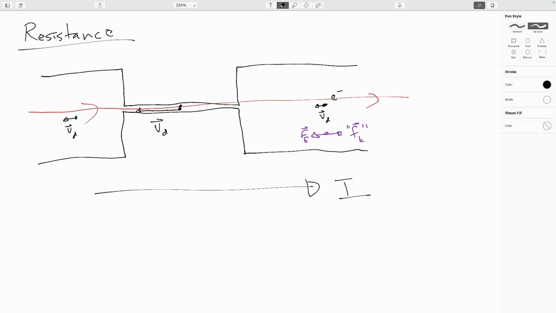So if we've got this constriction here, in order to put the same number of charges through per second, they're going to have to go faster. This is the exact same thing that happened when you put your thumb over the end of the garden hose and you saw that the water went out the constriction faster than it did if you didn't have your thumb over it.